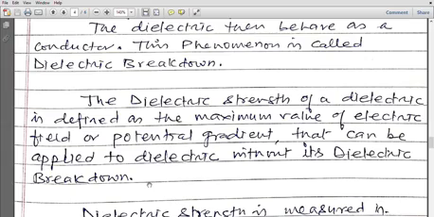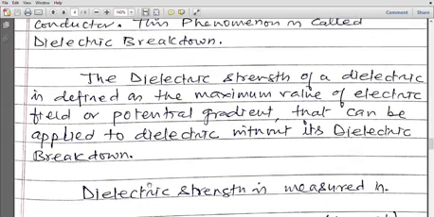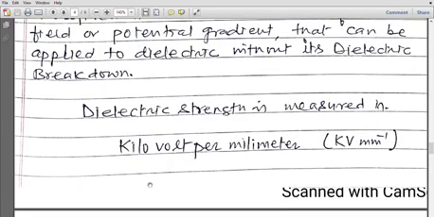Okay. Unit of dielectric strength is kilovolt per millimeter, because a very high potential difference is required, or we can say very strong electric field is required to pull the bounded electrons from a dielectric. Okay. So it is always measured in kilovolt per millimeter.